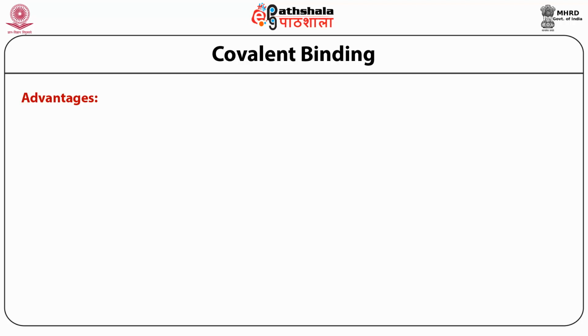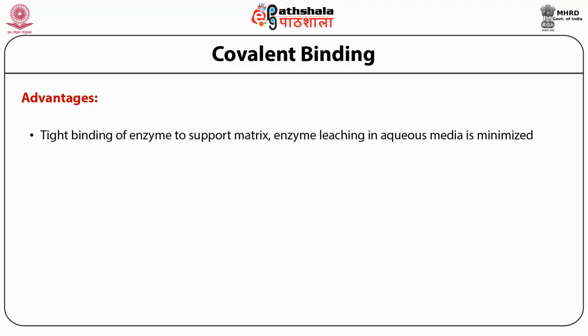So what is the advantage of covalent binding? It is a tight binding of enzyme to the support matrix, and enzyme leaching in aqueous medium is minimized because they are covalently attached to the matrix. So when you are using it, there is less chance of washing out, and it is a simple and mild method with a number of applications.